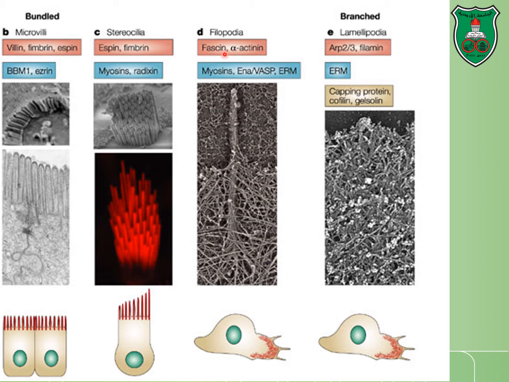Now you have another type of protrusion that looks finger-like, and it's known as filopodia. Also, you have bundles in cells, particularly when they move from one part to another. Right here you can see the filopodia.